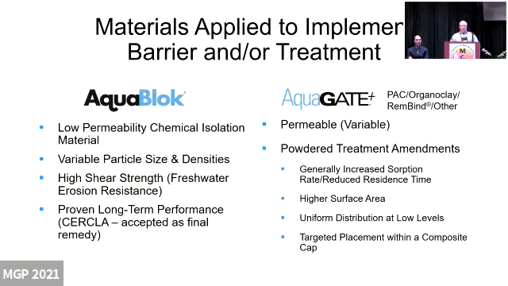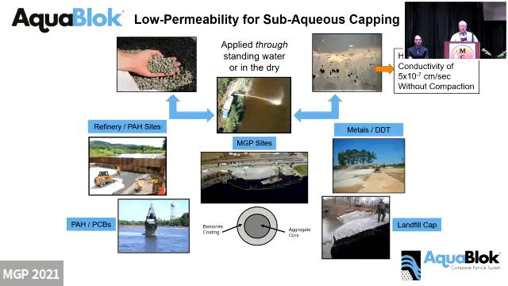But then we have another group of materials which we refer to as AquaGate, which are sorptive treatment materials, and those materials remain permeable, so they will allow water to flow through. And you'll see that we use these materials both in combination or one or the other, depending on what it is that we're trying to accomplish.